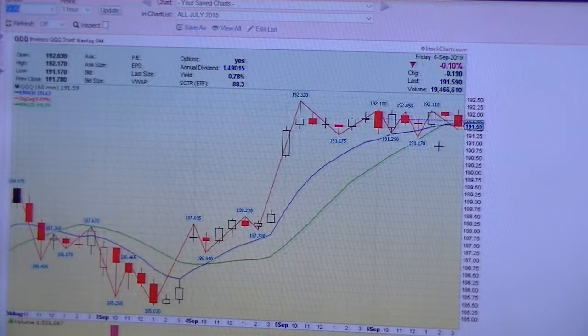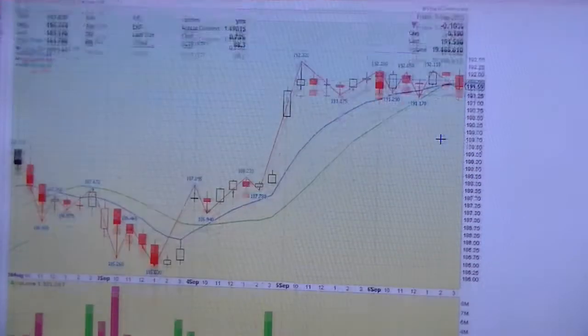So I wouldn't want to remain in a put too long. I would be watching this price area right in here, 191.25 down to like 191.17. That's going to be the area that I'm going to watch.